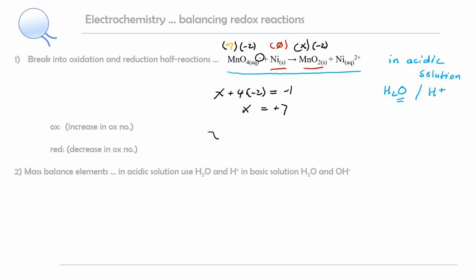This time, X plus 2 oxygens at -2 has to add to 0. It's a neutral substance. Add 4 to both sides. So the manganese oxidation number is actually +4 over here. And then we have a monatomic ion of +2 charge, so nickel is +2.